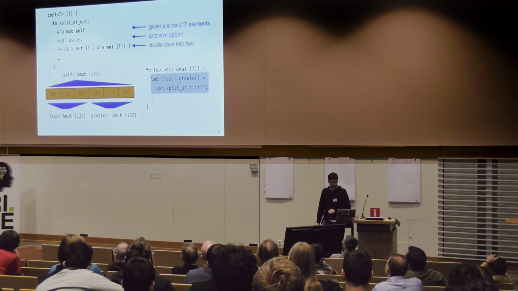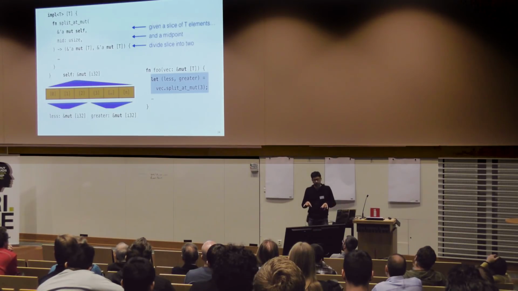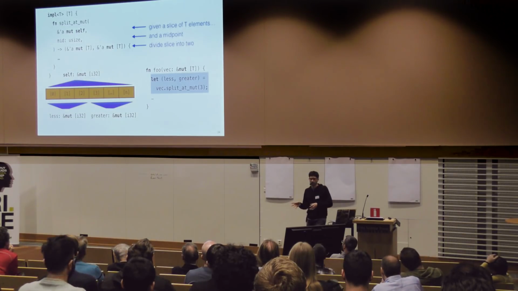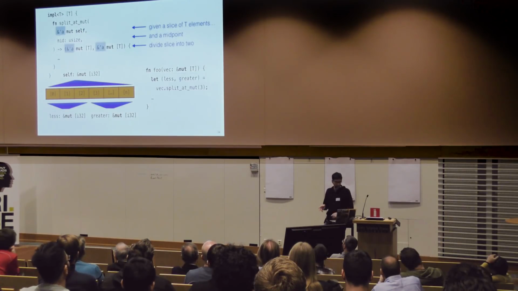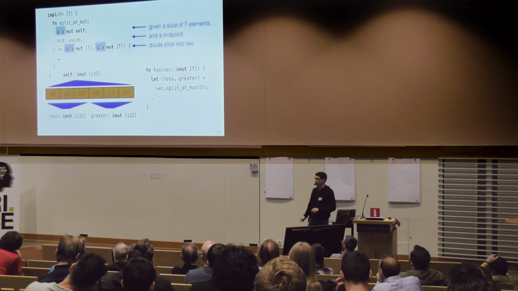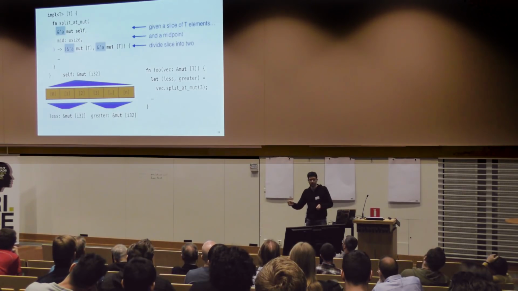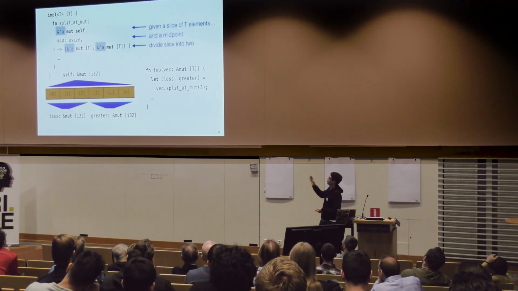And it might look like, if I just show you this picture, I'm violating my mutable reference rules, because now I have less and greater, and they're mutable references to some memory, and also vec, which overlaps with both of them. And I'm only supposed to have one mutable reference at a time to any given memory. But that's where these tick A annotations come in. So when you're returning references out of a function, you can essentially tag with this tick A where they came from. And in fact, this annotation wouldn't be required.